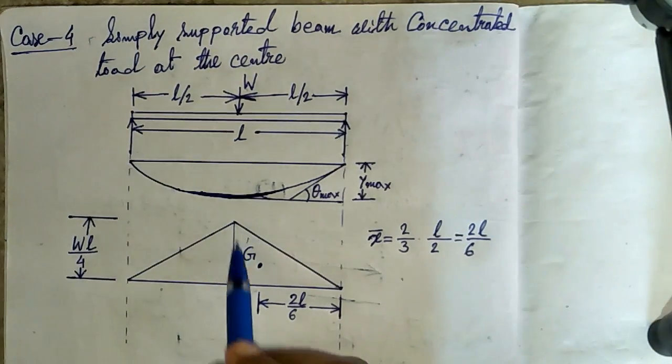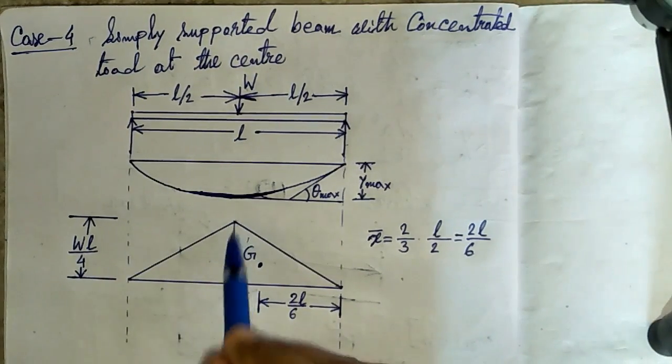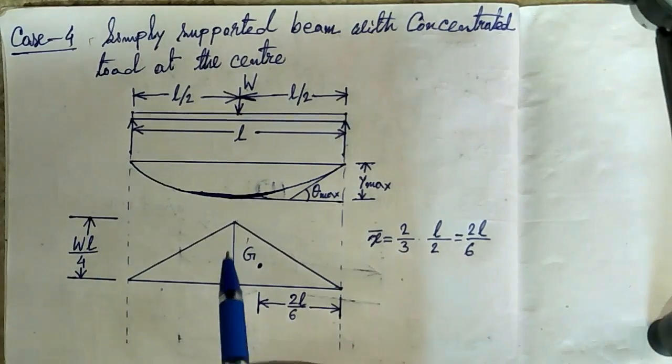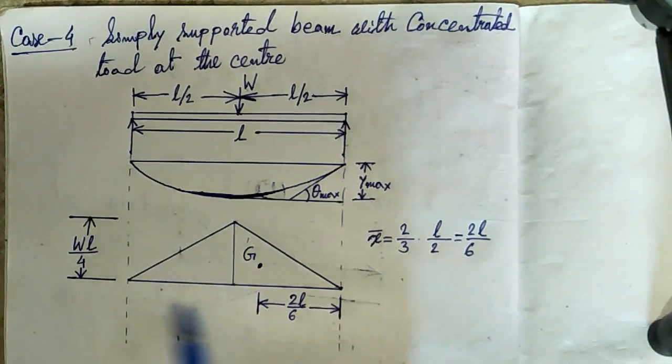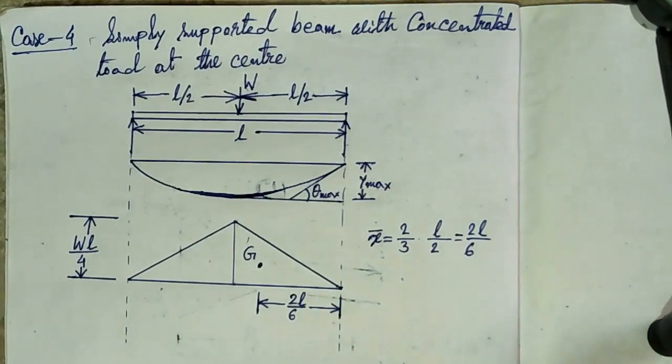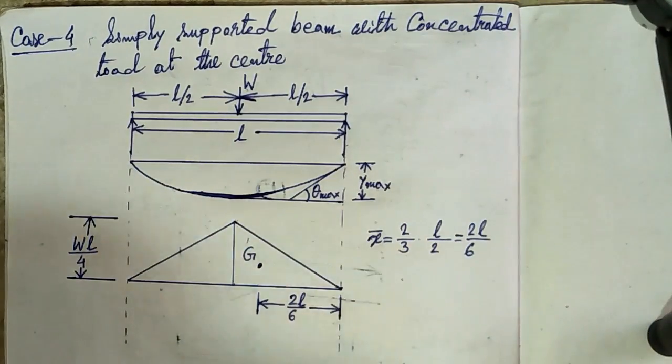The maximum bending moment at the midpoint is WL by 4, as shown in this figure. So let's start.